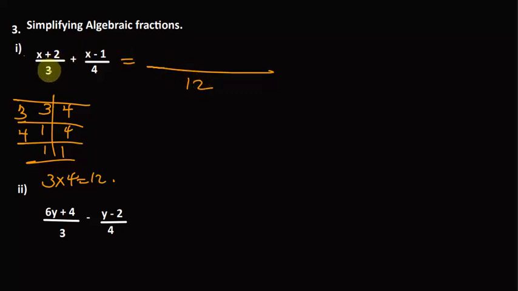12 divided by 3 is 4. We write 4. Then we will multiply by the number inside the bracket. Number inside the bracket is x plus 2. That way. Then plus the second part. 12 divided by 4 is 3. So 3. Open the bracket.